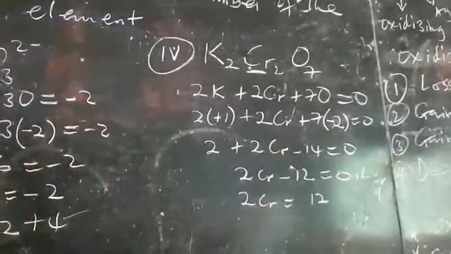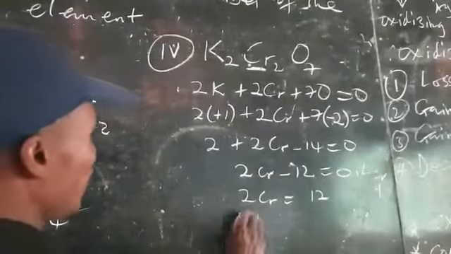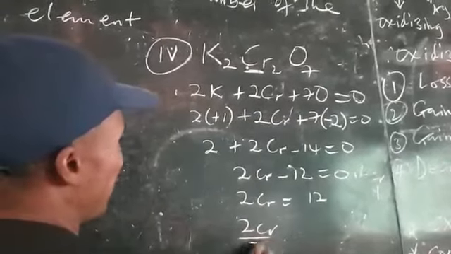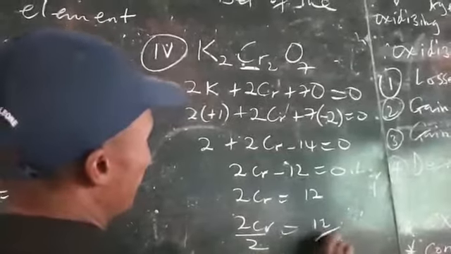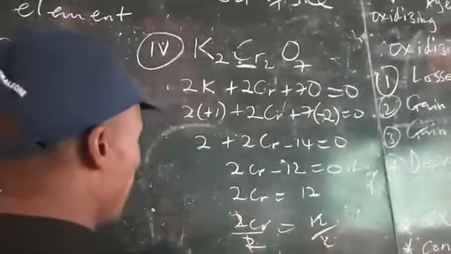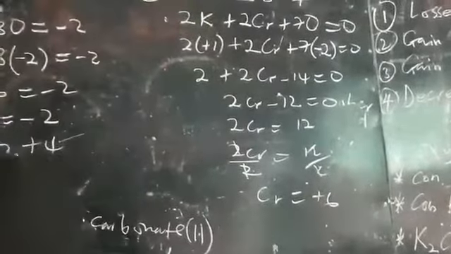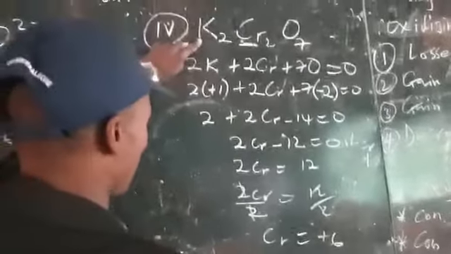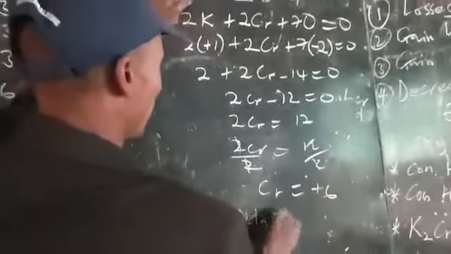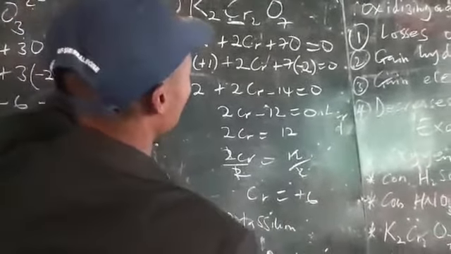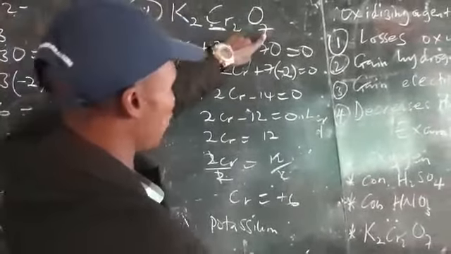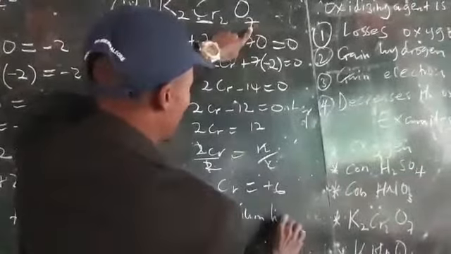It is a linear equation, so you divide both sides by 2. 2Cr is divided by 2, and 12 divided by 2. So you have chromium as 12 divided by 2, which becomes 6. When you want to name that compound, you say potassium. We go to the oxygen here. There are 7 of them. 7 means hepta.